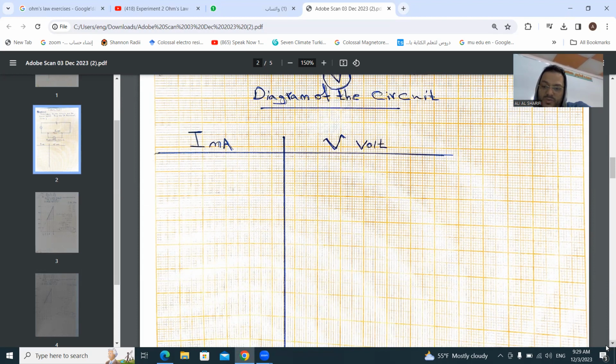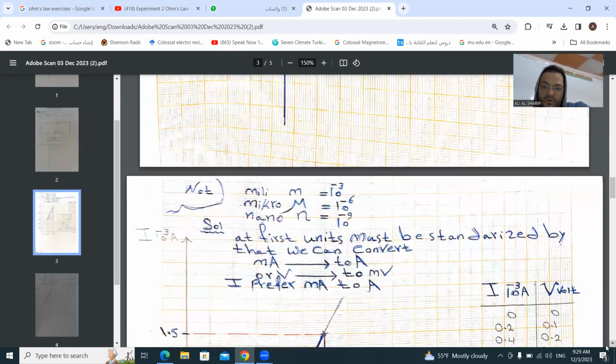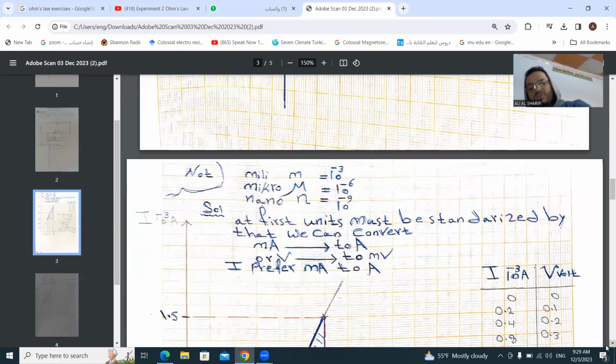Because of that you must convert one of them to make all of these units standardized, okay? These notes, I think they are important, or let's say something like a review for us. Milli equals 10 to the minus 3, micro is minus 6, nano is minus 9.